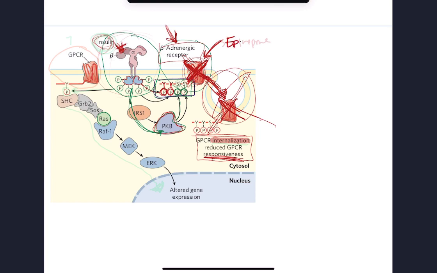So epinephrine in normal cases would come in and stimulate the GPCR, the beta-adrenergic receptor. But in the presence of insulin, which directly opposes epinephrine, we're going to see this internalization take place. Okay? I hope that makes sense.